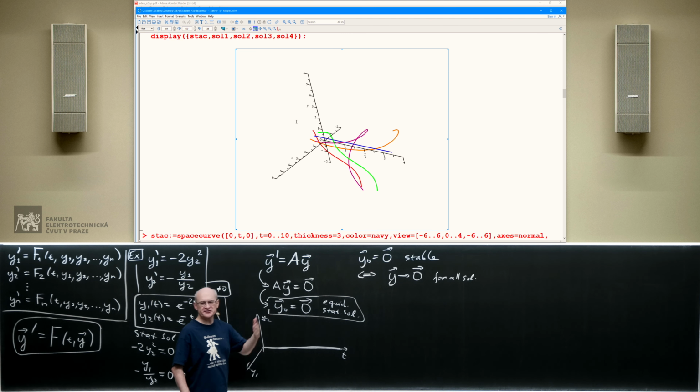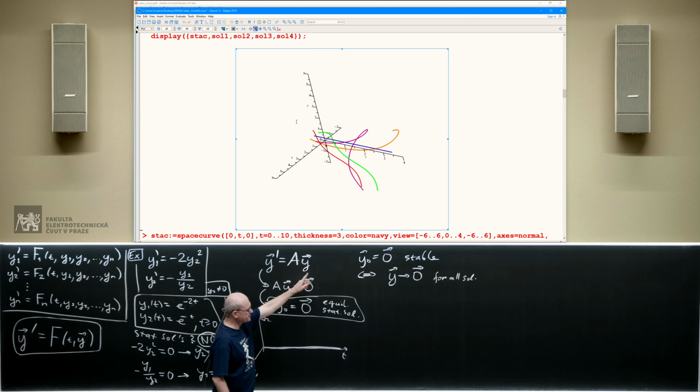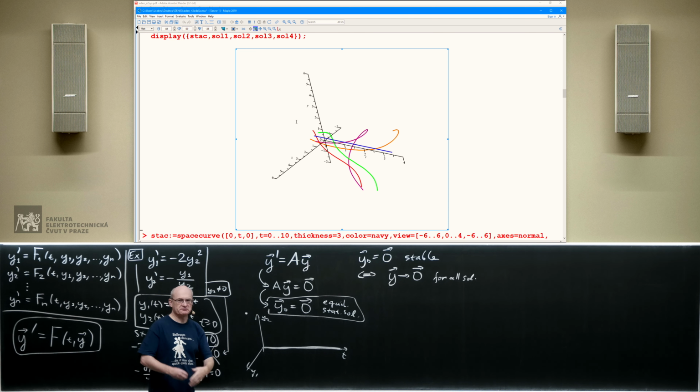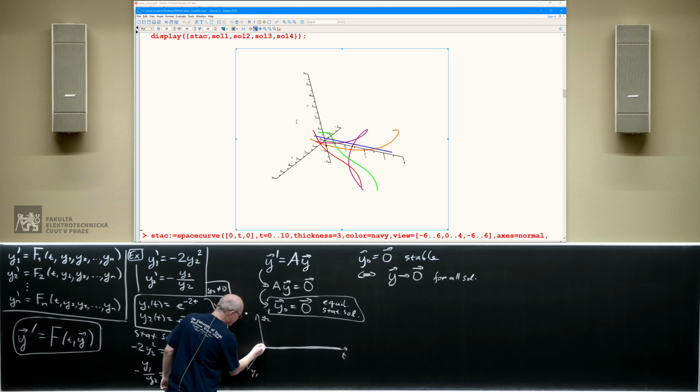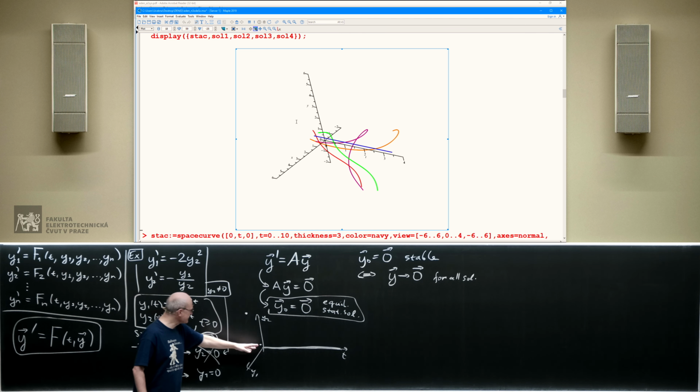Now, what happens to other solutions, those that are not nearby? There's a solution sitting over here, let's say, and it's too far, perhaps. Well, our system is homogeneous, and therefore solutions form a linear space, which means that if I take this solution and divide it by perhaps 100, I will get a solution which is near the origin. So it's small enough. And if it's not small enough, I divide by 1,000, and you can imagine how it goes.